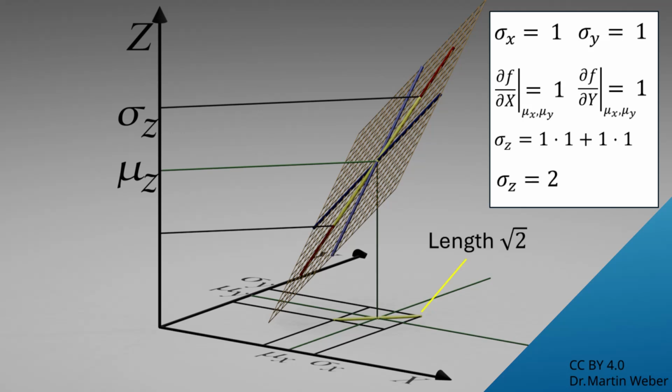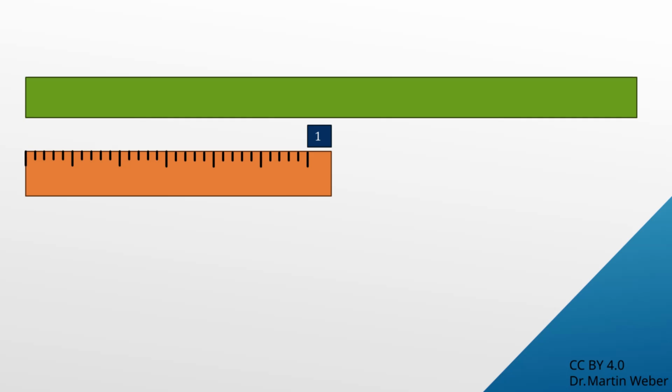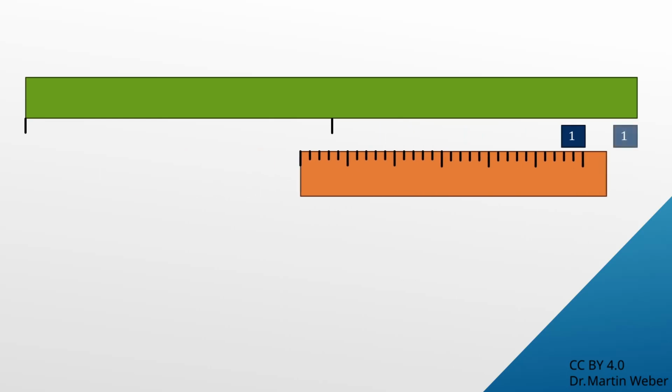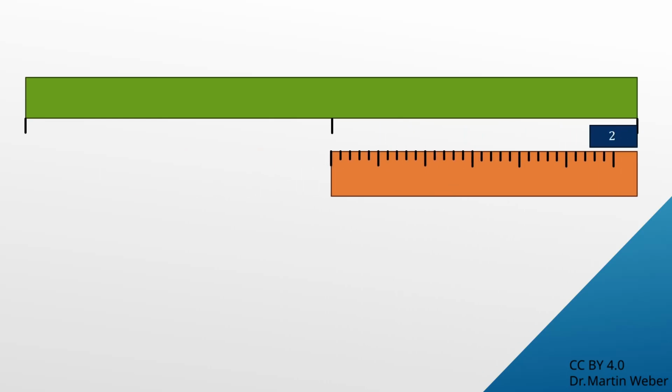Projecting this on the plane where the slope is also square root of 2 results in the value 2. The example in this case is that the ruler has a wrong scale, so measuring twice with the same ruler will cause the final length to be mistaken for the sum of the individual deviations.